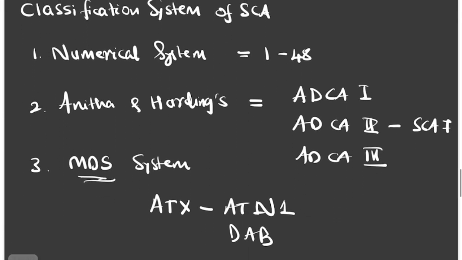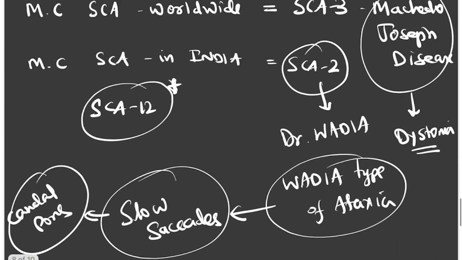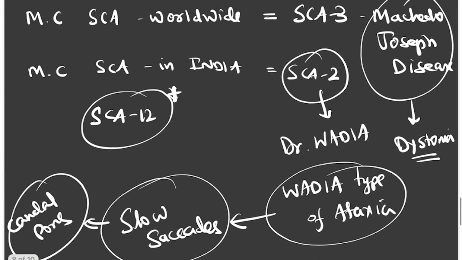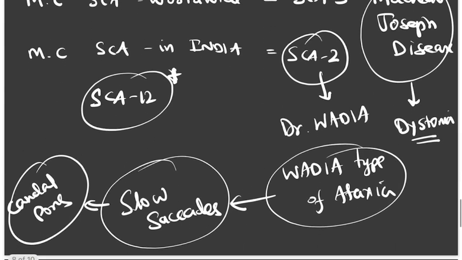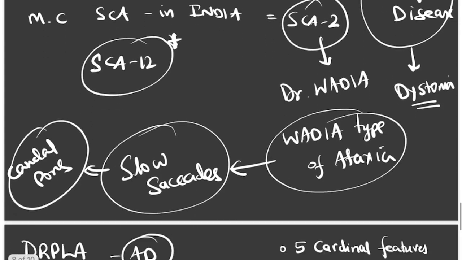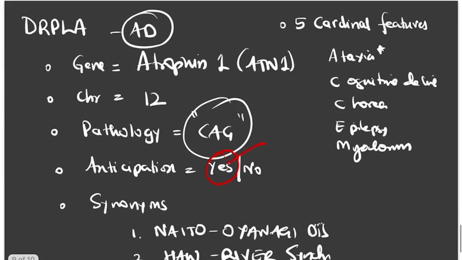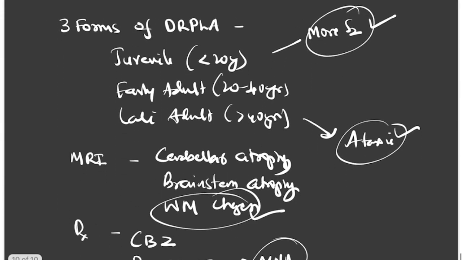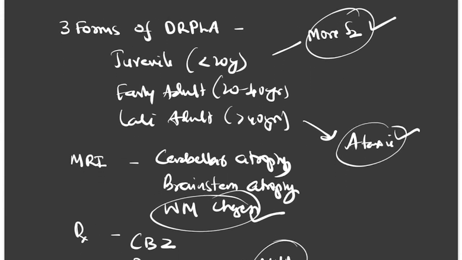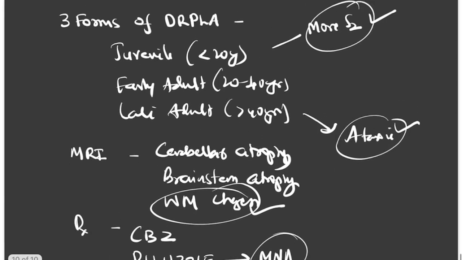And then I have covered various classification systems of spinocerebellar ataxia, which is the most common type of SCA worldwide as well as in India, and what are their peculiar features. Then lastly about DRPLA: what are the 3 forms, MRI abnormality, carbamazepine is the drug of choice. All those things I have covered here.